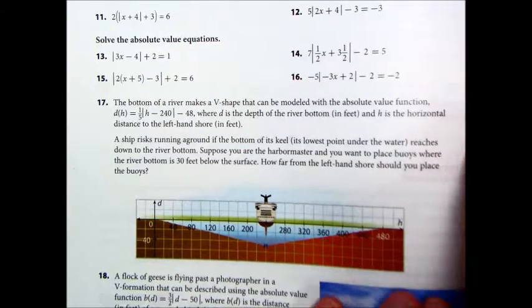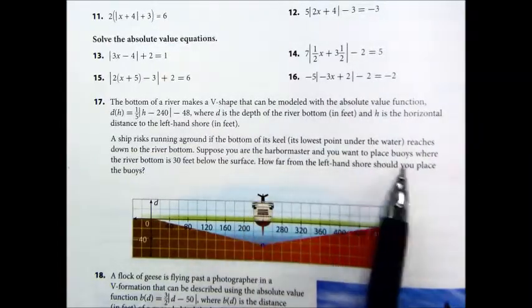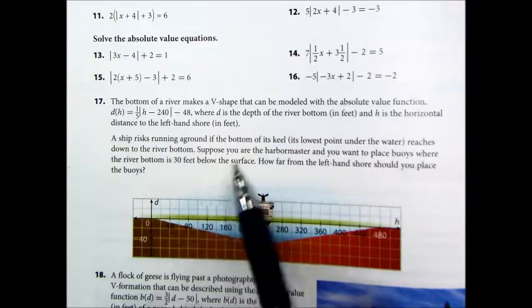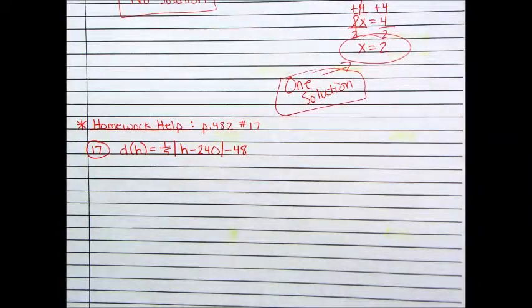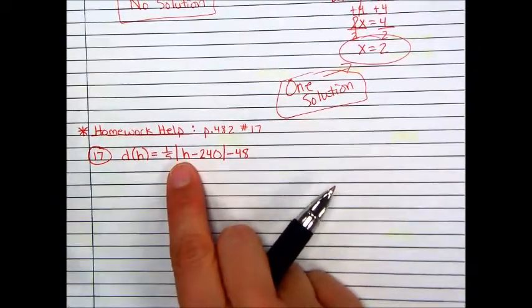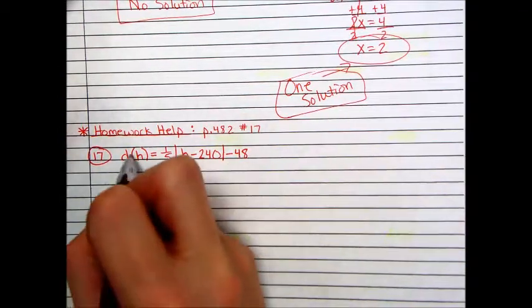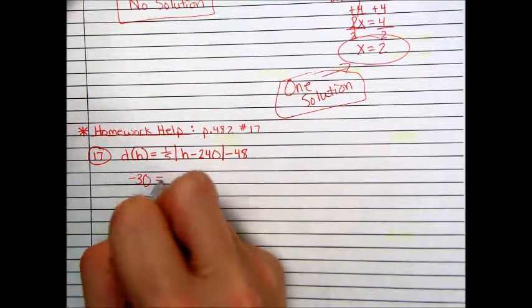So here is what we need to understand from that. He wants to put the buoys where the river bottom is 30 feet below the surface. So in other words, your job is to help him figure out what horizontal distance he should put the buoys at if he wants to place them where the depth, see D for depth, is 30 feet below the surface.